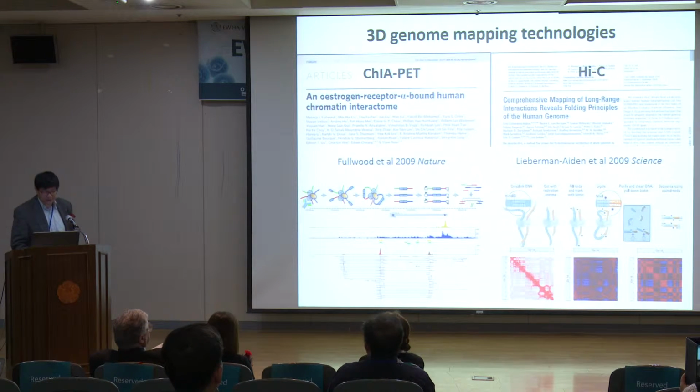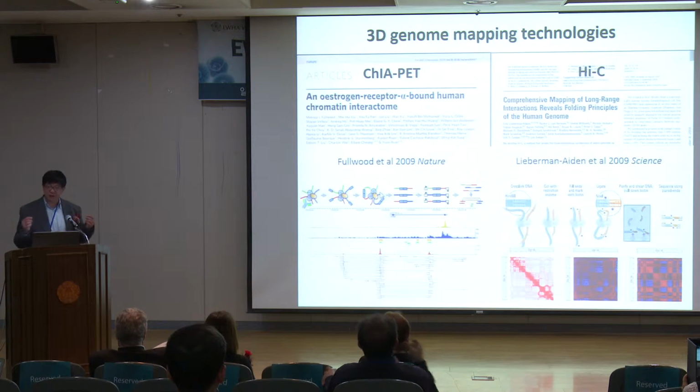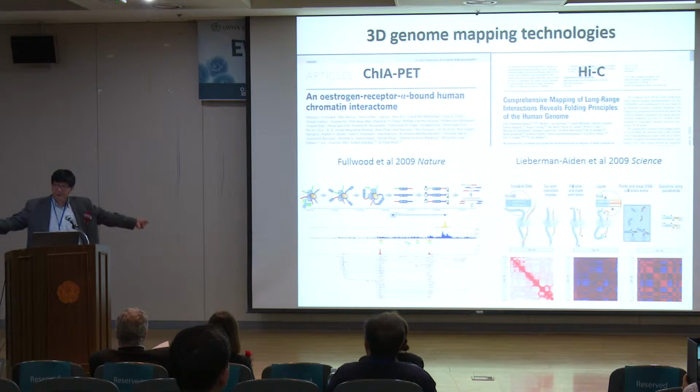After you establish such a linear relationship by ligation, we can use either an enzymatic approach or a physical shearing approach to generate paired-end fragments, and then use high-throughput sequencing to map the two DNA fragments that are linearly located far away within the genome but are spatially in close proximity.